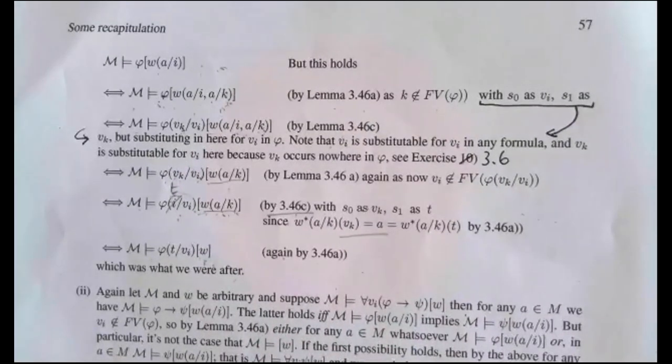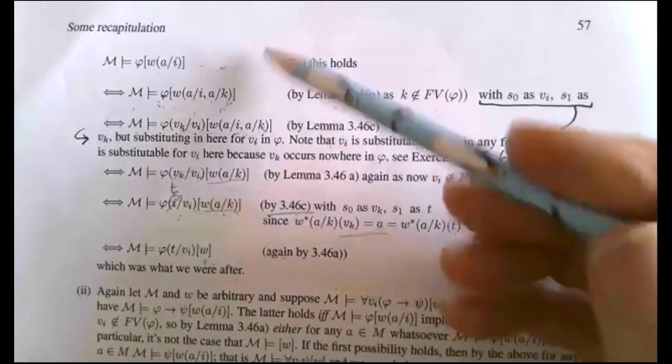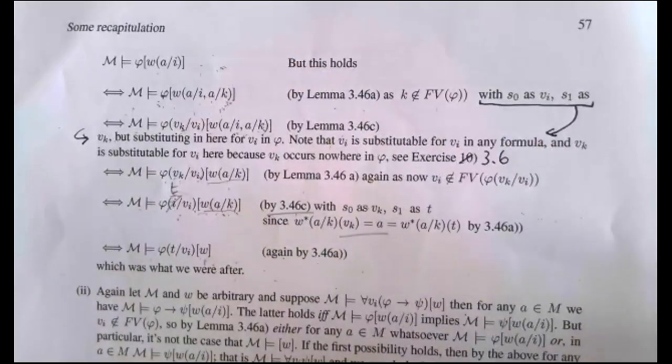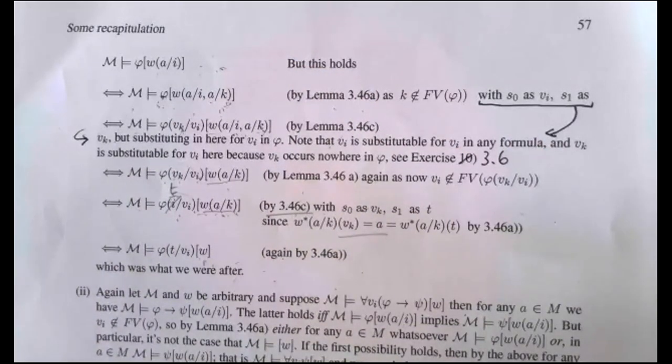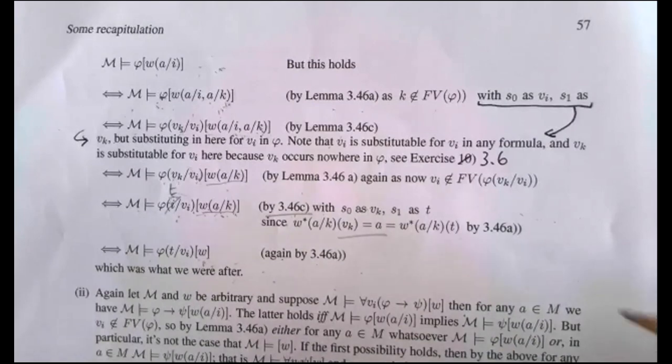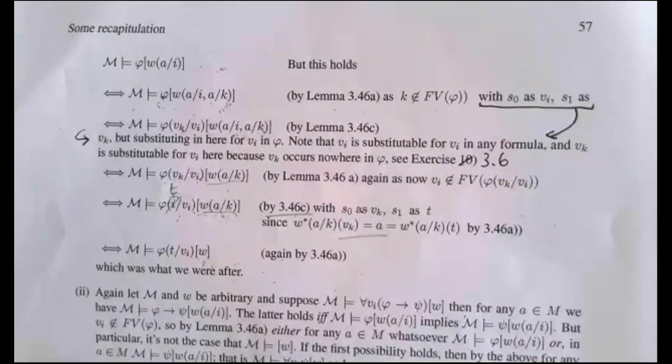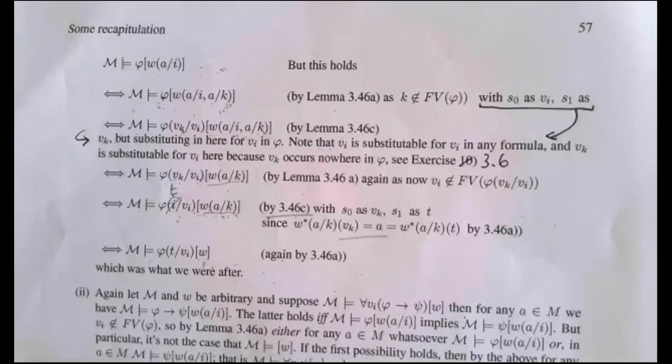So you can see it's a fair bit of work to do something that's reasonably straightforward if you go through and think about what's going on, right? But it's a little bit tricky, and in the end, it's not so interesting, right? So I'm quite happy to skip these kinds of proofs here.